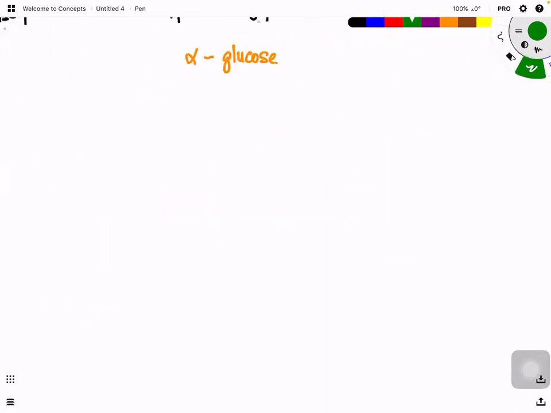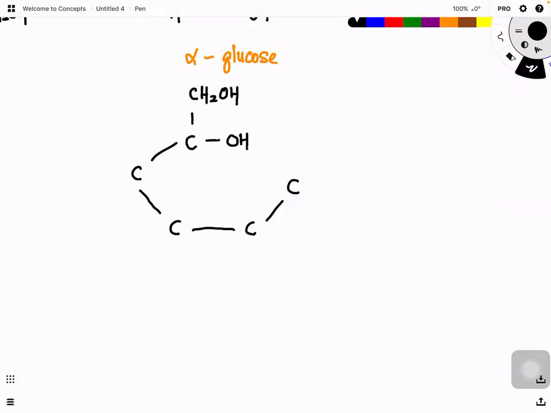So same thing. Okay, so this is carbon number 1, carbon number 2, carbon number 3, carbon number 4, carbon number 5. Carbon number 5 has carbon number 6 here outside the ring, CH2OH, and with one OH group here, and then H, HOH, OH, and then HOH.